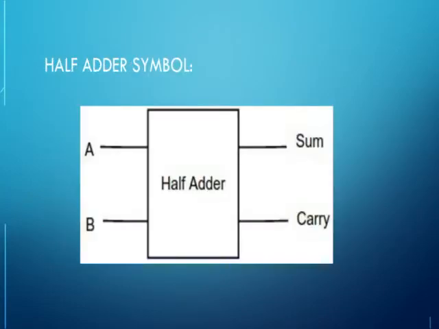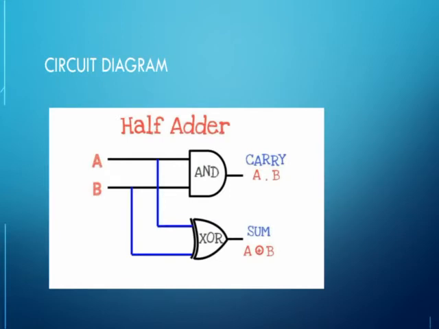In this topic we are going to see half adder using behavioral modeling. This is the half adder. If you give two inputs, we get the outputs as sum and carry. This is the circuit diagram. Here A and B are connected to AND and XOR gates.